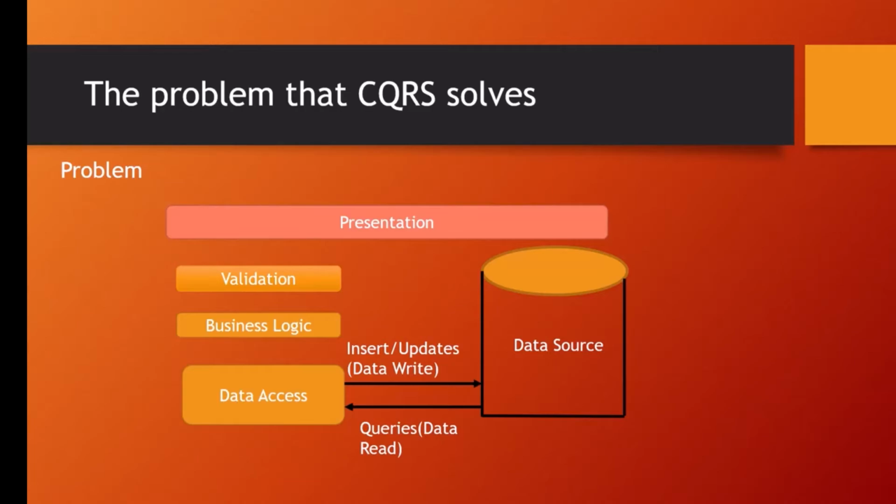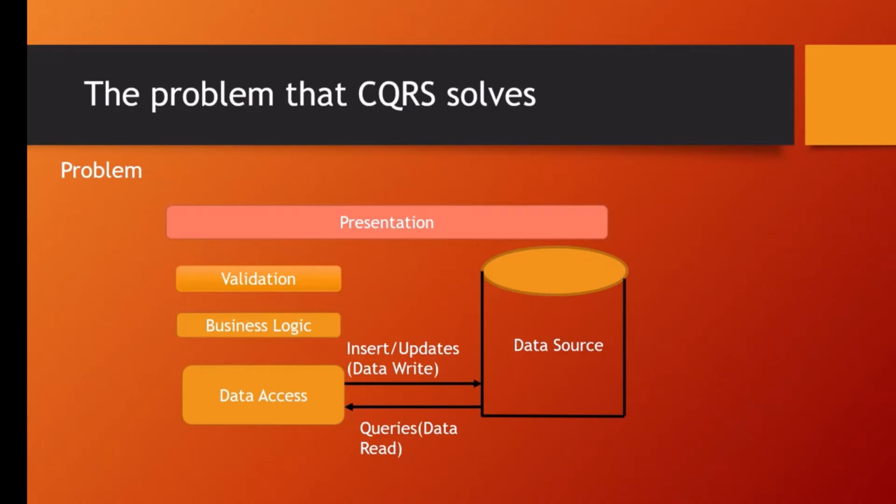So this is the traditional architecture. The same data model is used to query and update a database, and it's very simple and works well for basic CRUD operations. But in more complex applications, this approach can become unwieldy. Why? Let's see an example.